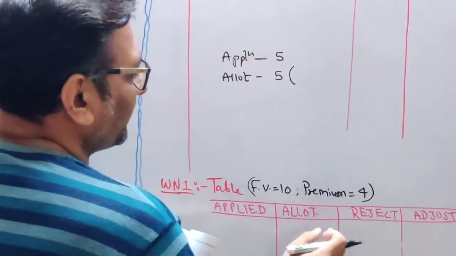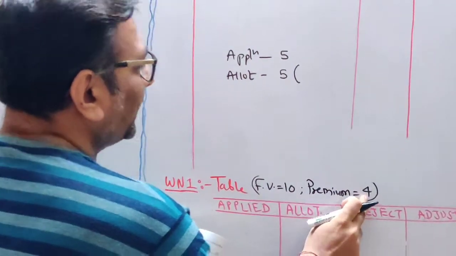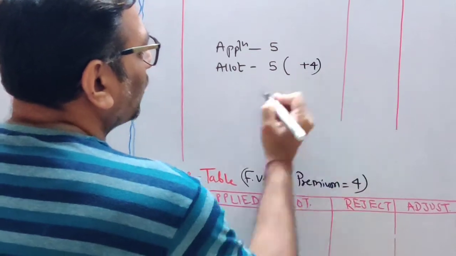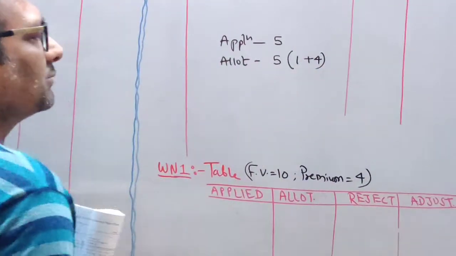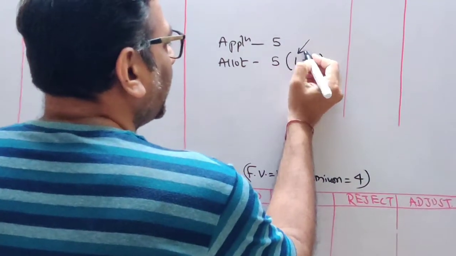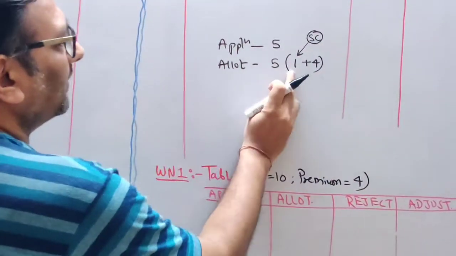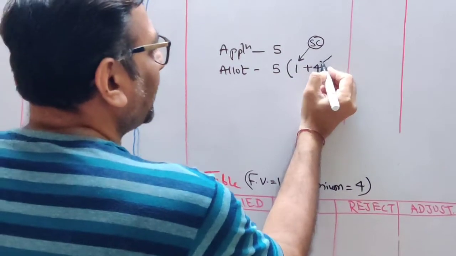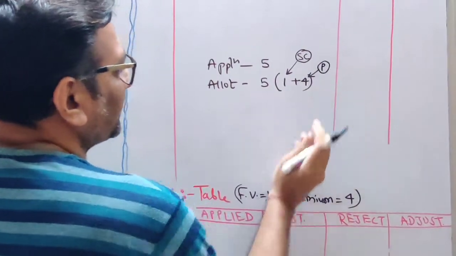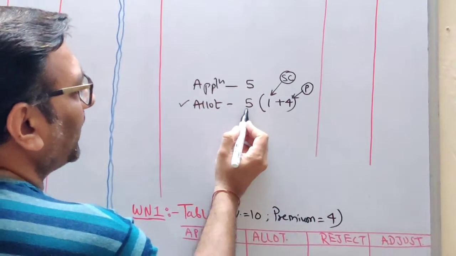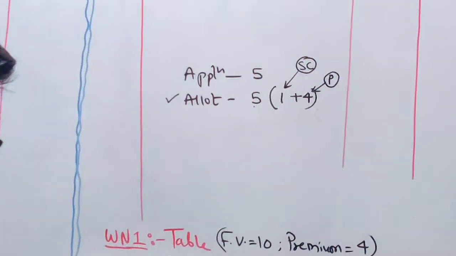So let's split this 5 rupees into premium money and share money. Including premium of 4 rupees, share money is 1 rupee. So 1 rupee is for share capital and 4 rupees is for premium. So the total money we are asking at the time of allotment is 5 rupees.